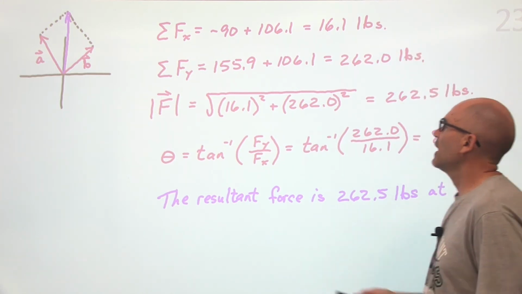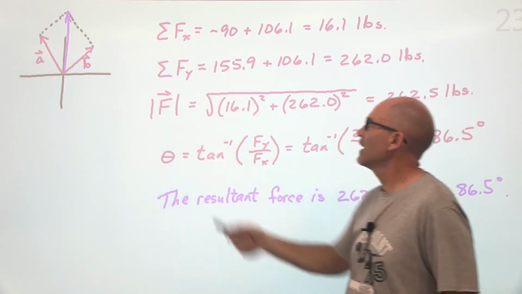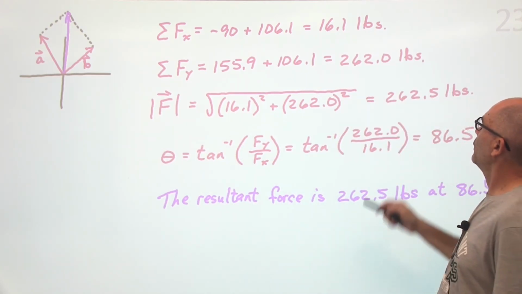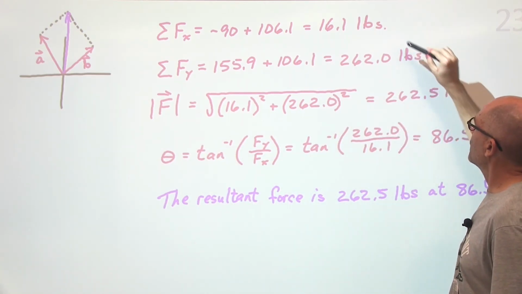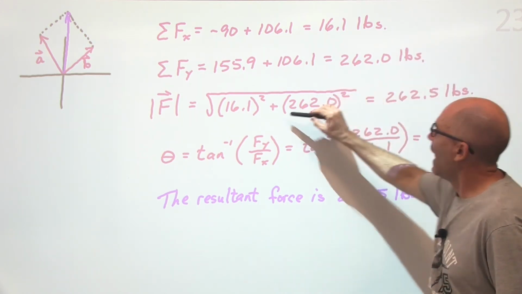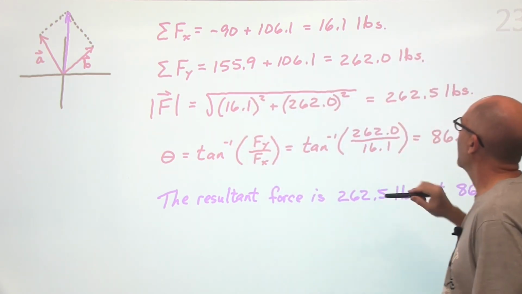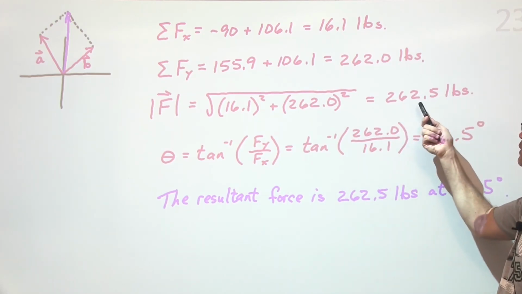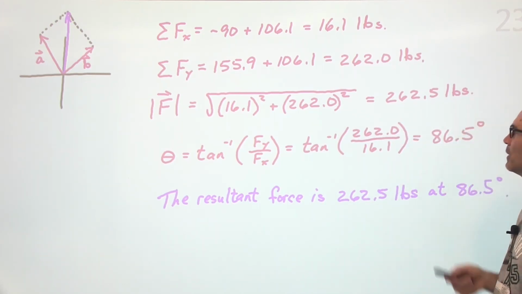Now if I want the total force, then I need the hypotenuse between this x and this y. So I square the x, square the y, add them up, take the square root of the whole thing, and I end up with 262.5 pounds.